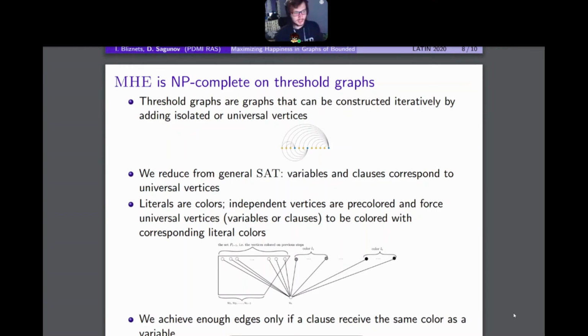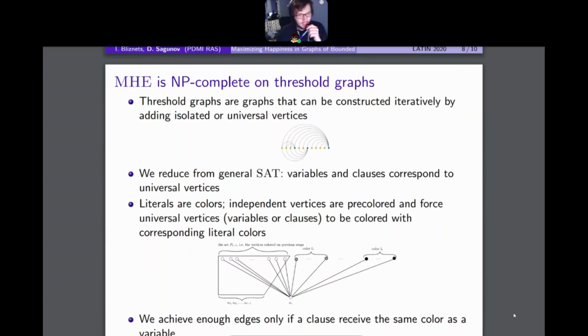If each variable is colored with a literal and each clause is colored with a literal, then because all universal vertices form a clique in the threshold graph, we achieve enough edges only if a clause receives the color of a literal of this clause, and only if a variable receives the color of a literal of this variable.